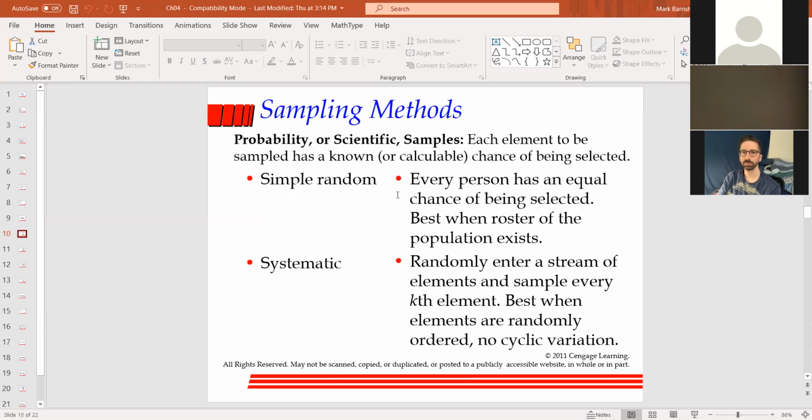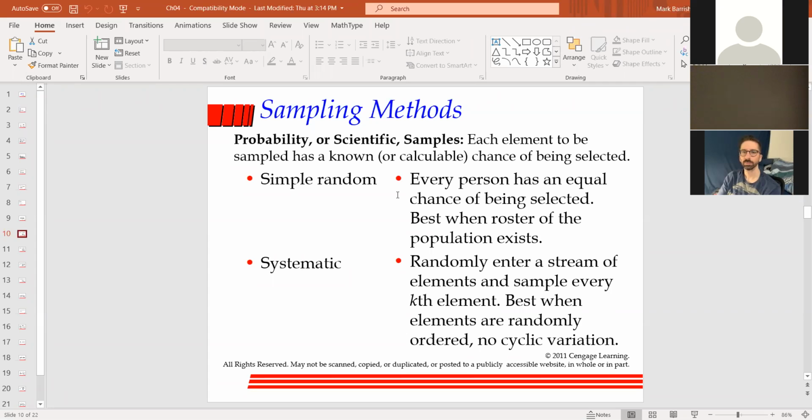Now, a simple random sample means, and they don't do a great job in this book describing this, I have to tell you, it's not really great, but it's okay. A simple random sample means that not only does everyone have an equal chance of being selected, but let's say we wanted a sample of size 100, another 100 people in our sample.